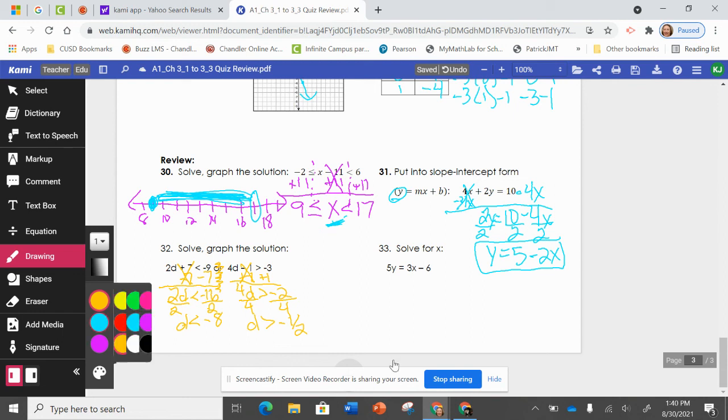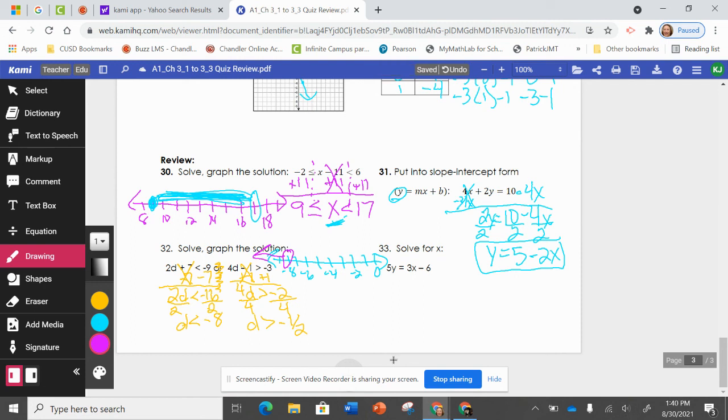So if I'm putting this on a number line, 0, -2, -4, -6, -8. We would have an open circle at -8 because this is not equal to, and less than is going left.